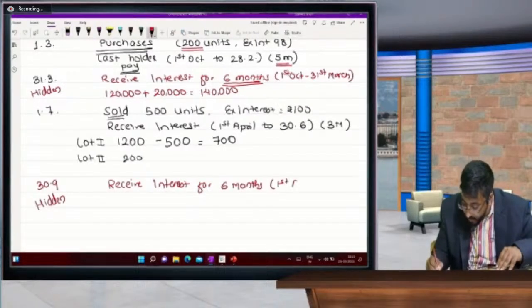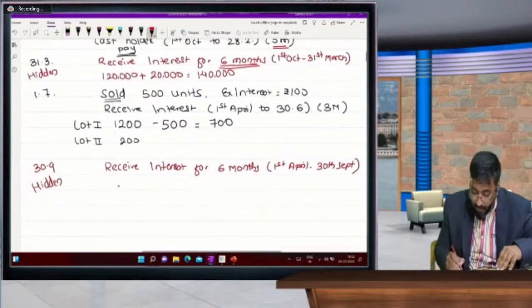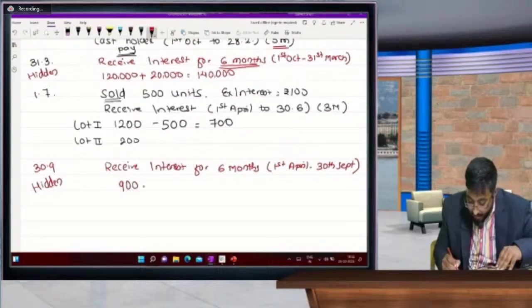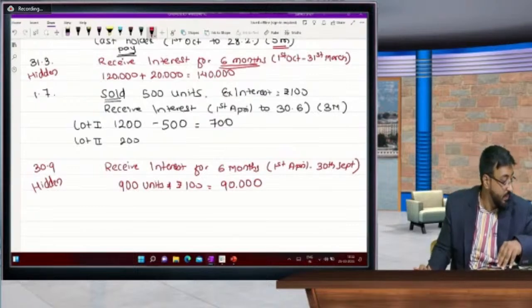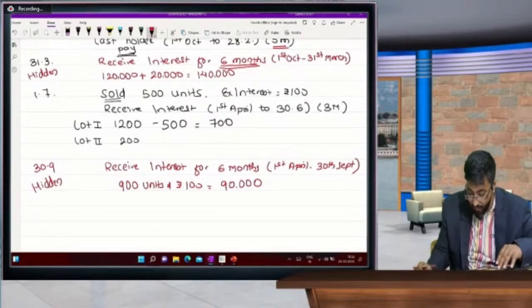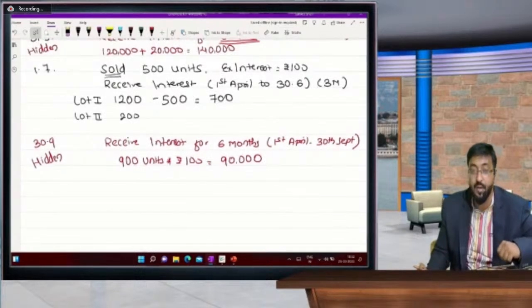From 1st April to 30th September. How many debentures you have? 900 units into rupees face value 100. So 90,000. 30th September. Receive interest for 6 months. Hidden entry.